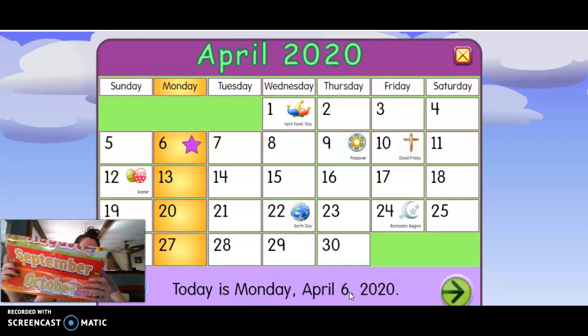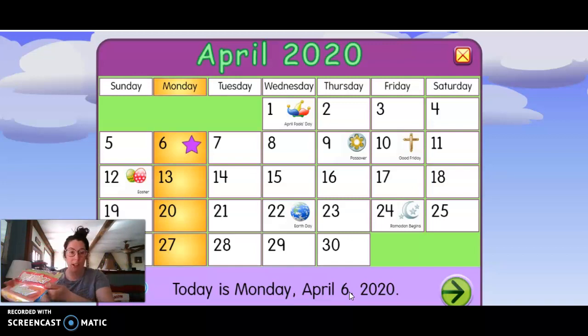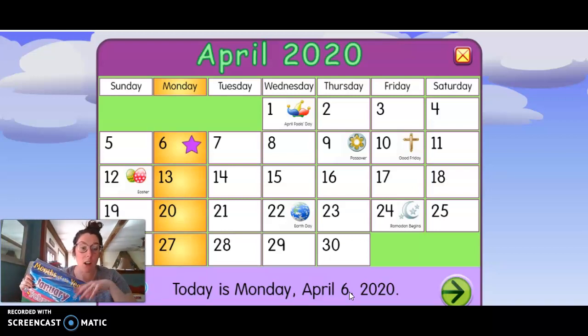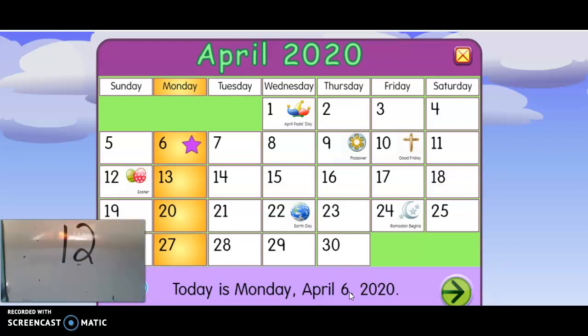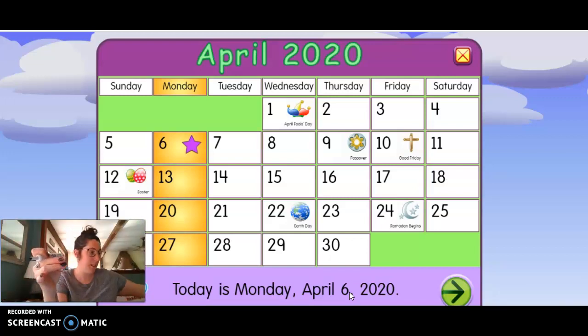All right, so now we have to do the months of the year. Do you remember? I got my special months calendar the other day. So we can say months of the year, and there are 12 months in a year. How many months are in a year? Right, 12.